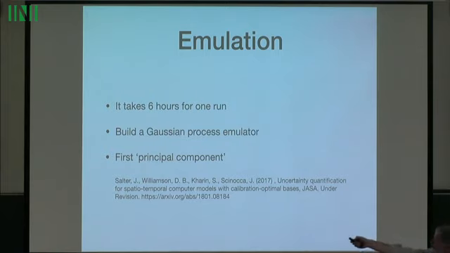We build a Gaussian process emulator, and I'm going to just give the results for the first principal component, but I've put principal component in quotes because it's not actually the principal component. It's the modified version from this paper here by one of Danny's students.